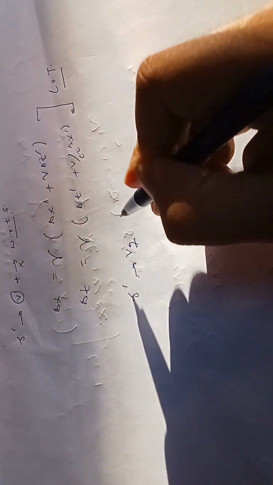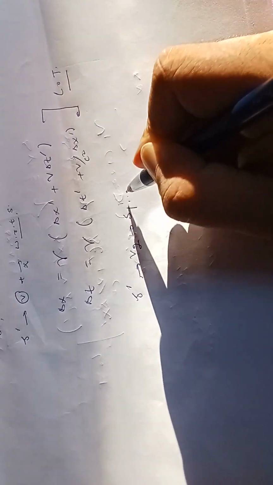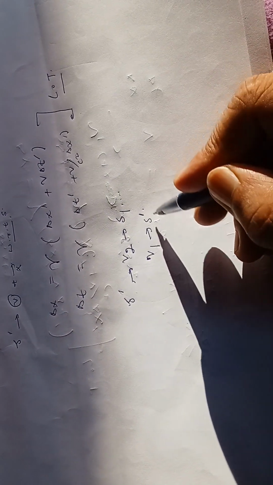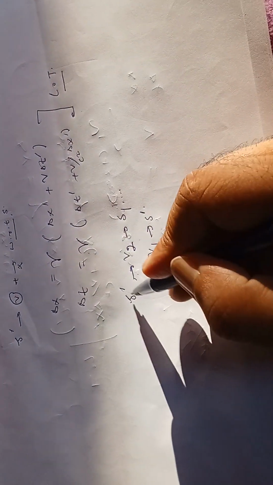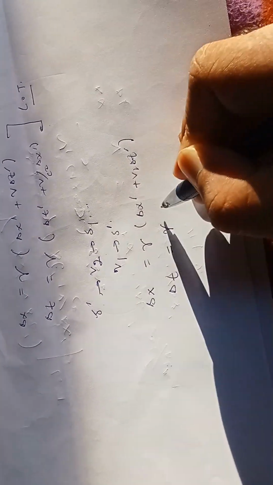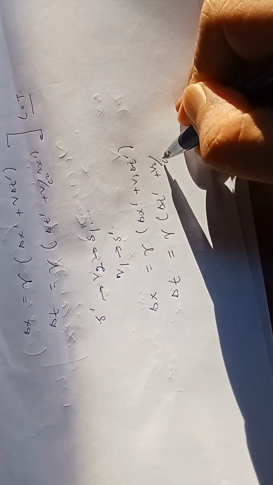Now, if I say the frame S prime is moving with the velocity v2 as observed by the frame S, and the object is moving with the velocity v1 as observed by the frame S prime, then from the above transformation equations, delta x is gamma times delta x prime plus v2 delta t prime, and delta t is gamma times delta t prime plus v2 by c square delta x prime.